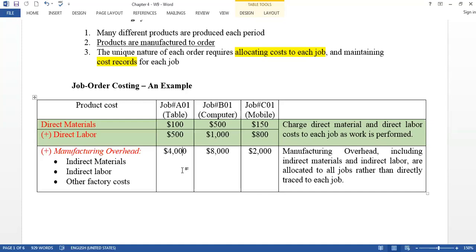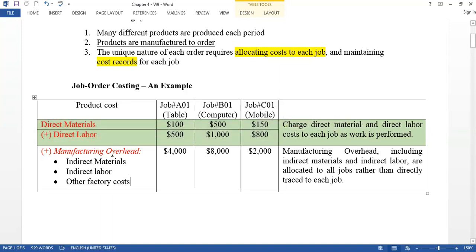You can see that in this room we have some equipment, and every year we have depreciation. Which part of the depreciation came to me and which part came to your product is very difficult to identify, right? So therefore, we know that direct materials and direct labor can be easily identified, but manufacturing overhead cannot be easily identified.